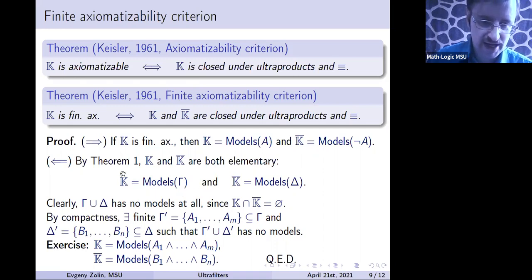So we must remain inside K, and we must remain inside the complement of K. So this is how to prove this. This is an exercise. We still obtain the same class K, and the same class, the complement of K.